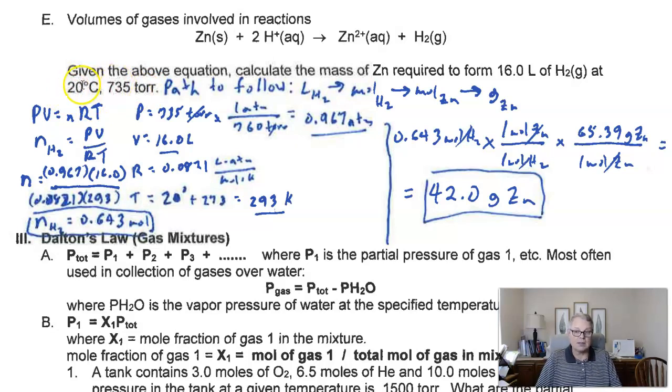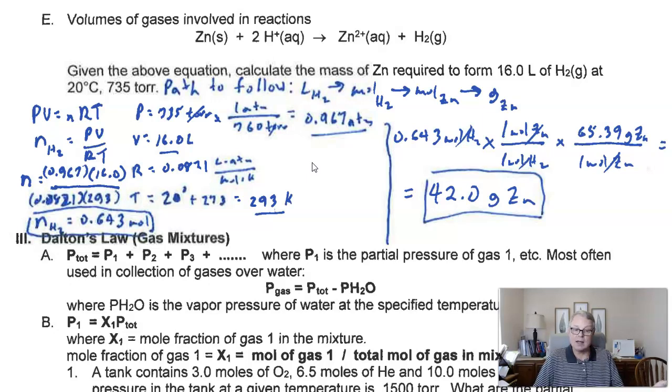It's important because if you don't know the temperature and you don't know the pressure, you can't use this equation. So if you're doing stoichiometry problems and they give you a pressure and a temperature, or they say at room temperature and pressure, or at STP, standard temperature and pressure, which of course is 0 degrees Celsius, 1 atmosphere.